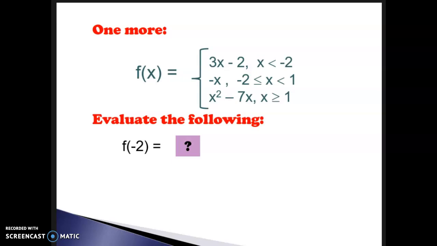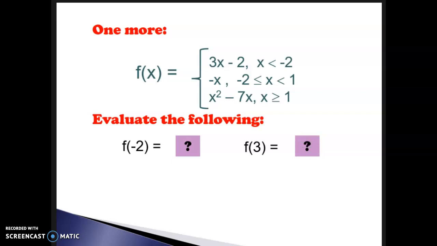If you chose the second function, you are correct because x is between negative 2 and 1, but do you see the line under that less than? That means when x is exactly negative 2, we follow that second function. You would plug in negative 2 for x, so you'd have a negative negative 2, and you should get the answer of positive 2.